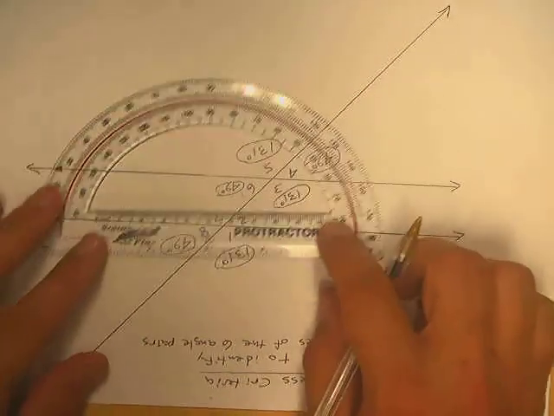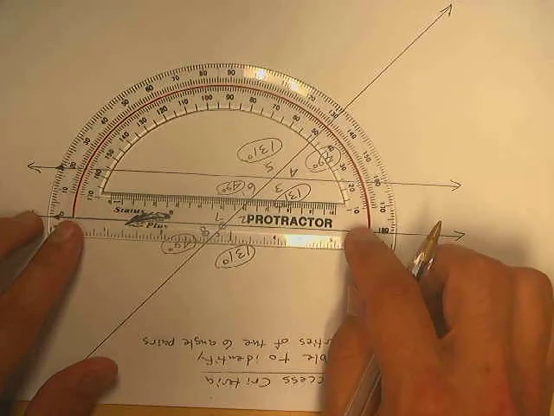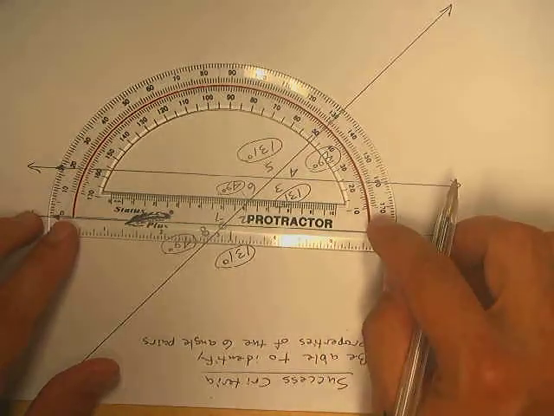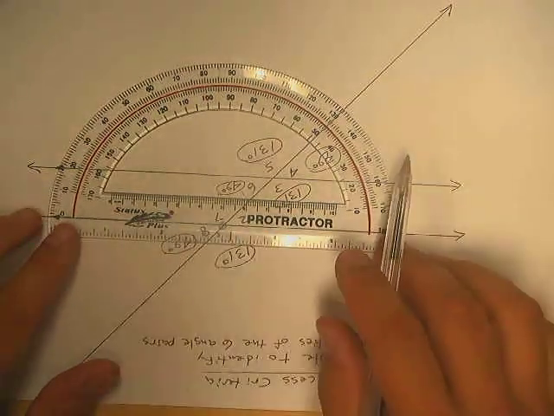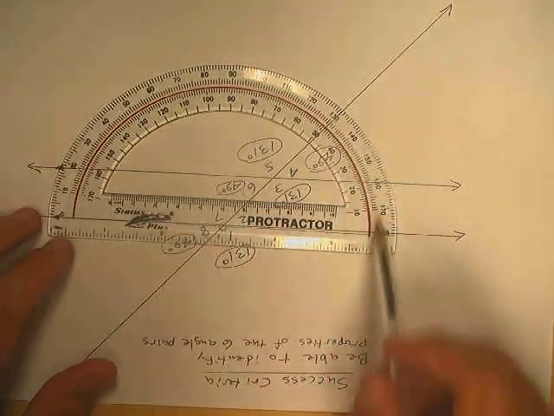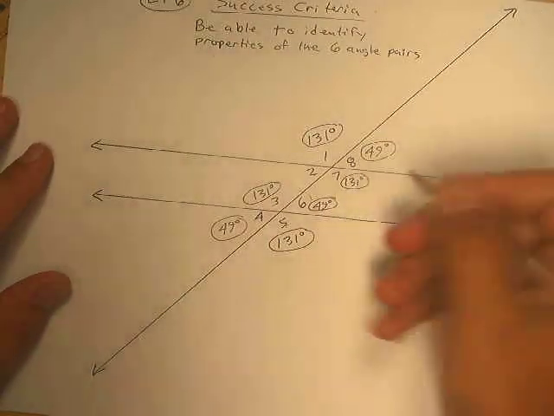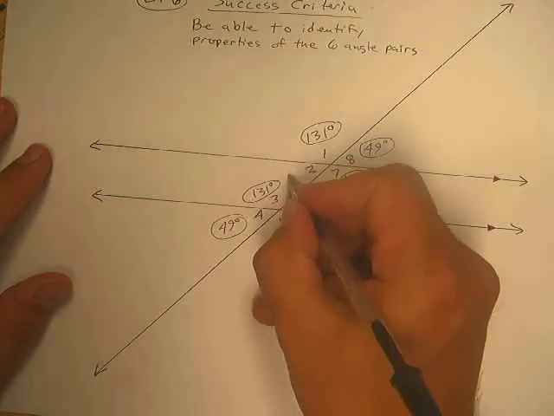Hopefully you're seeing a little bit of a pattern here. Okay, and I'm going to flip over my paper again and measure 2 and 7. And if you probably guessed, we get about 131 and 49 degrees again.